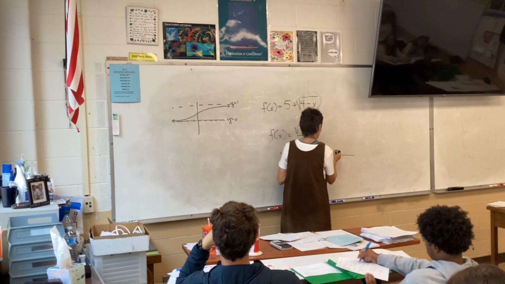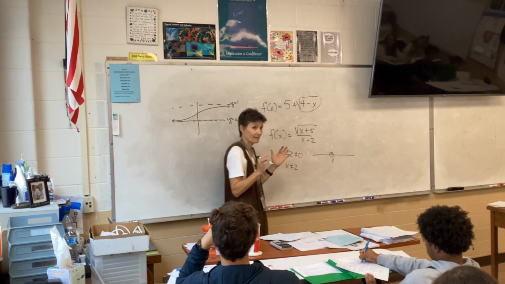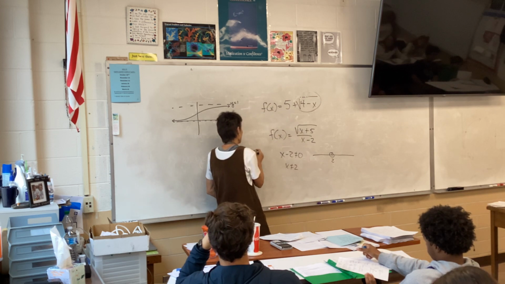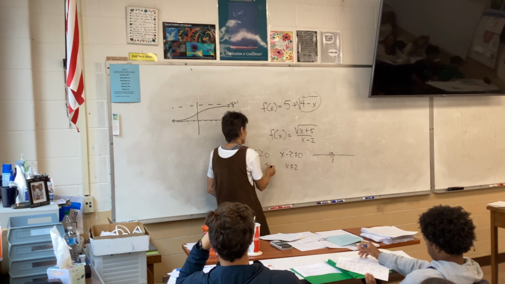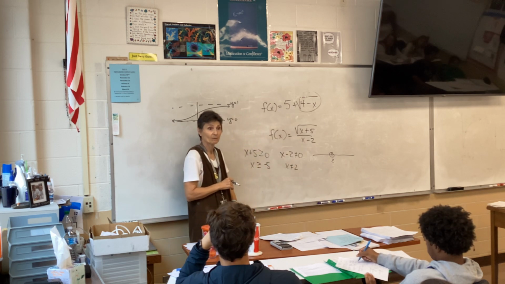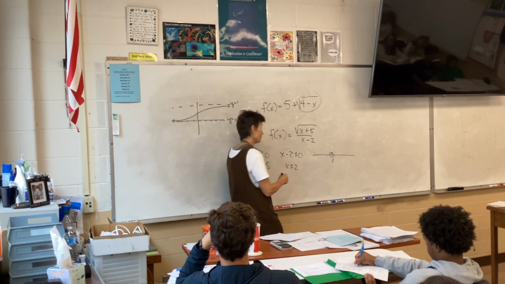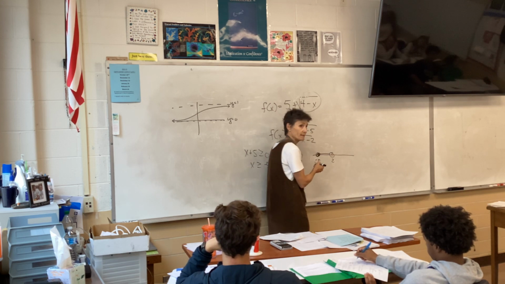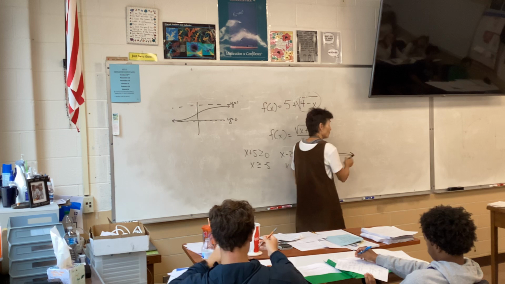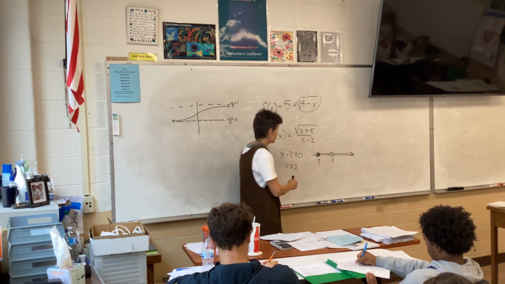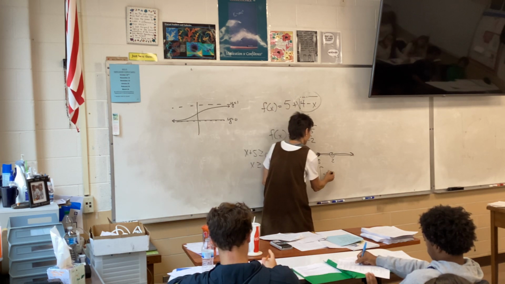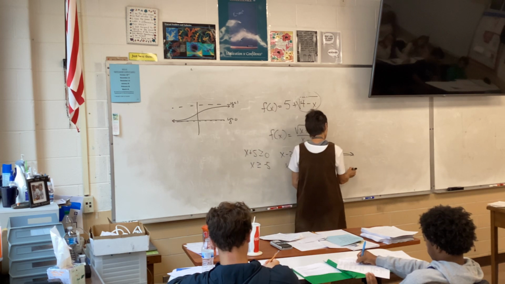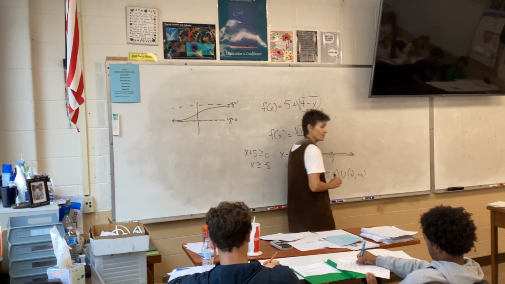So on my number line, whatever is happening, it can't be 2. And then whatever's under the radical has to be positive. So whatever x is, it's got to be bigger than or equal to -5. So here's -5. I'm bigger than or equal to -5, but I have to skip over 2. So bracket -5 to 2, and then skip 2 and go from 2 to infinity.